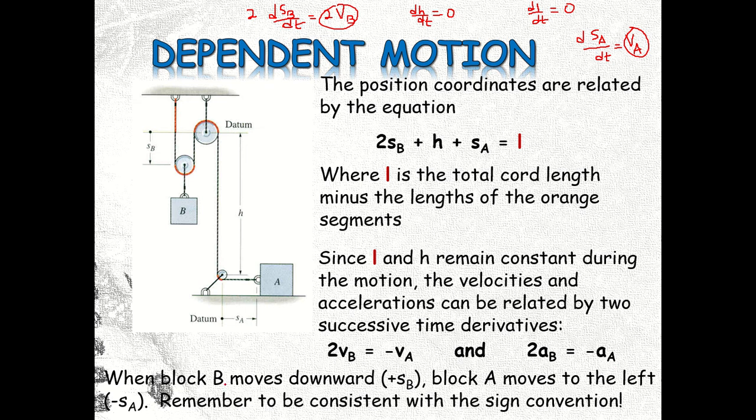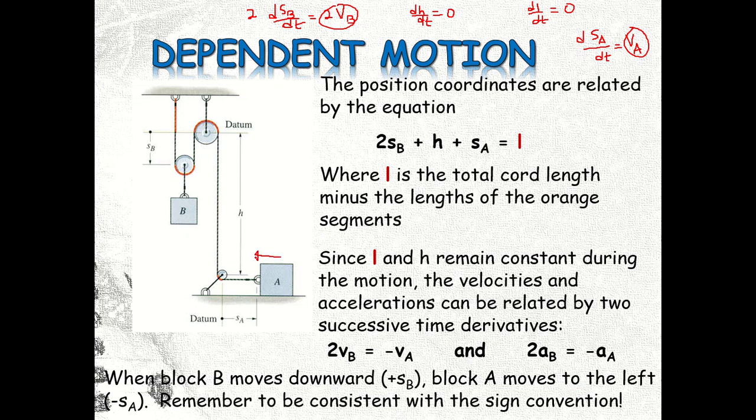So when block B moves downward, what will happen? Block A will be pulled. When block B moves downward, that is positive for B, so block A moves to the left, in this direction.